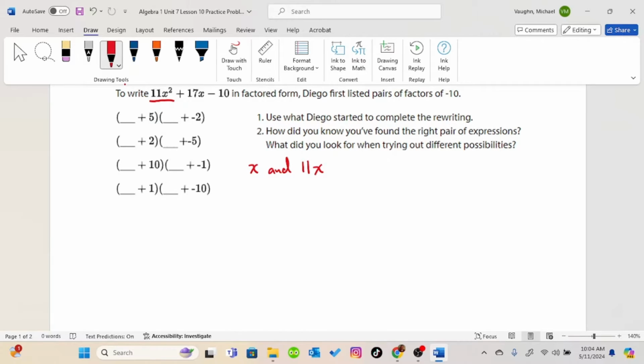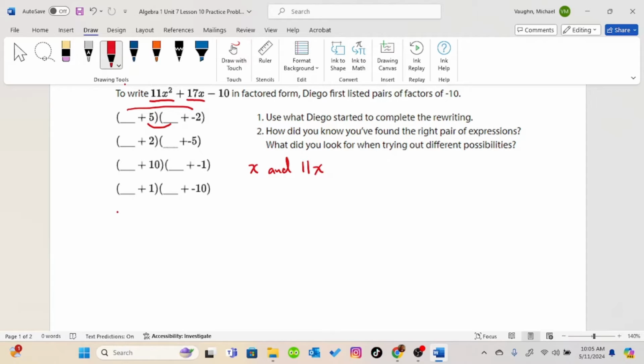When we put these in here, remember when we do FOIL, you would end up with whatever you put first being multiplied by whatever you put last, and then whatever is here will be multiplied by whatever you put second. And when you do that, they're going to add together to be positive 17x. So we need to try and see which ones work.